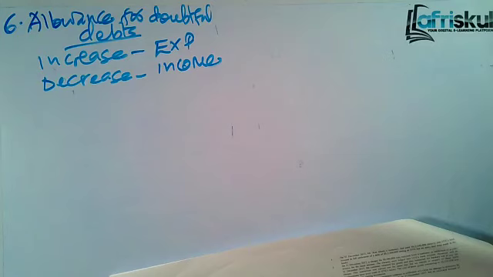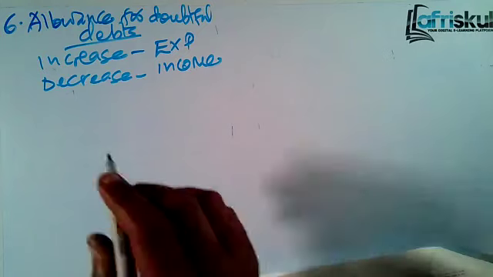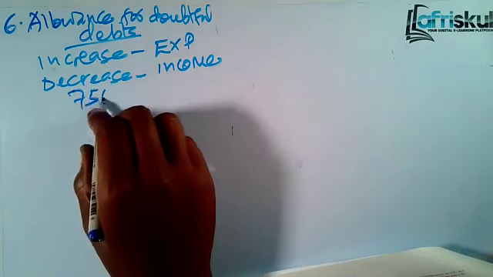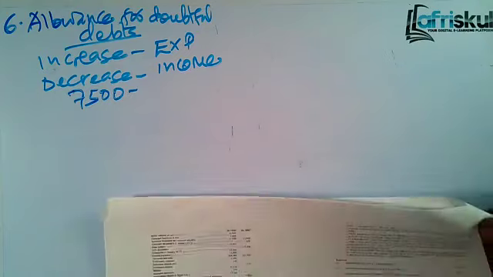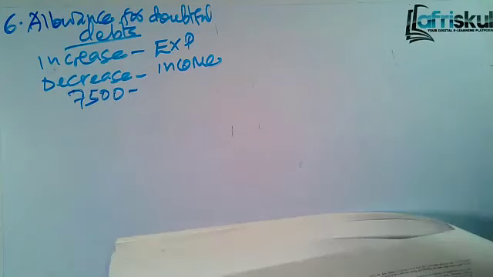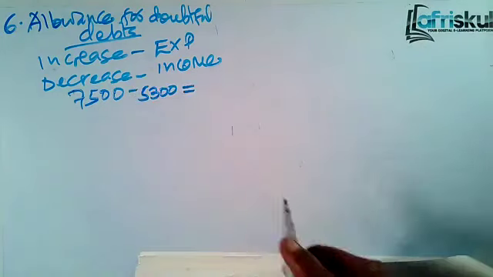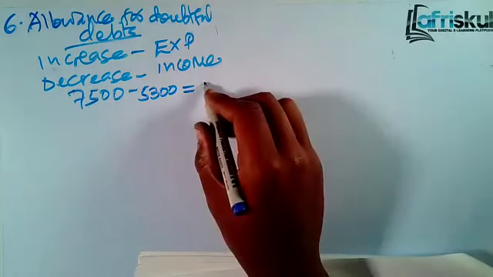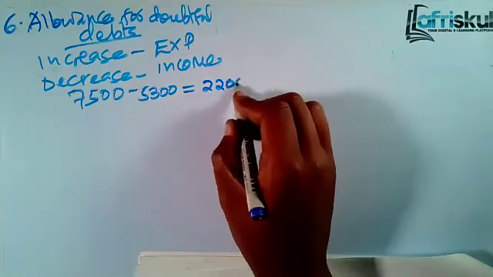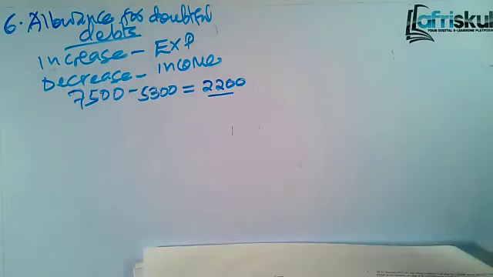It was increased to 7,500. Therefore, I will take 7,500 minus what we've been given on the trial balance, where it was increased from, which is 5,300. When I take my calculator, the amount that I'm getting is 2,200.